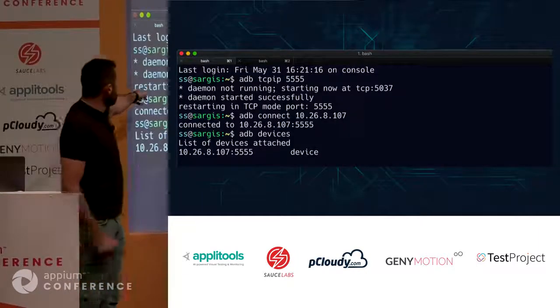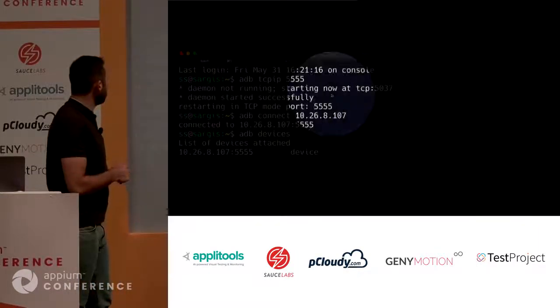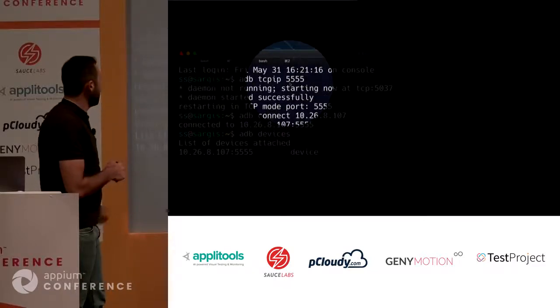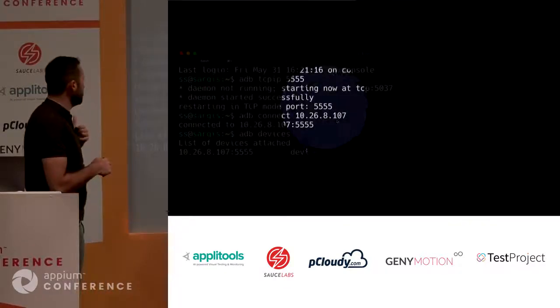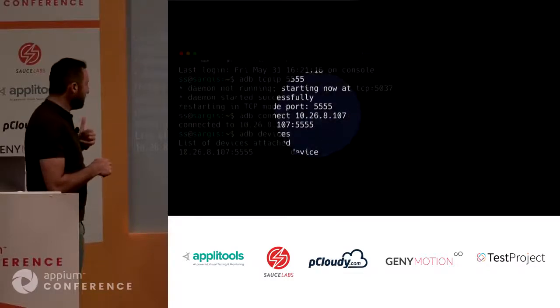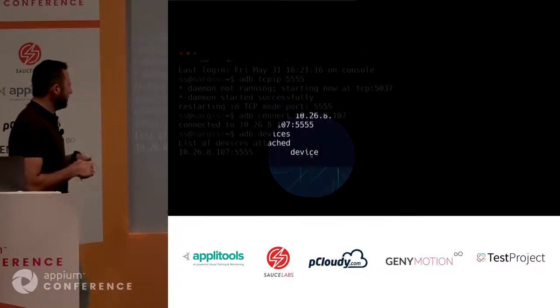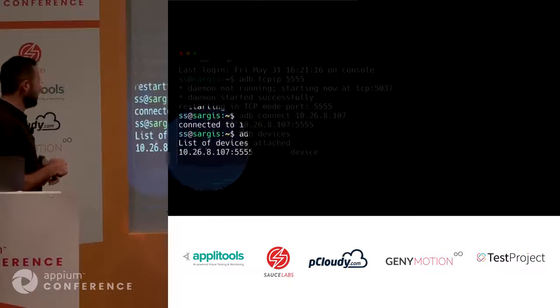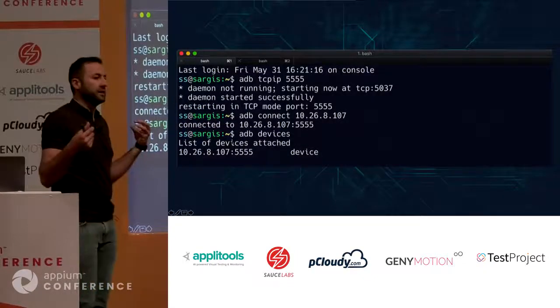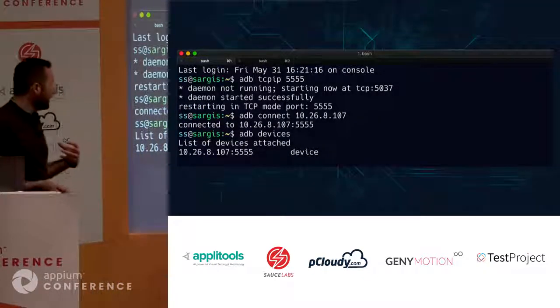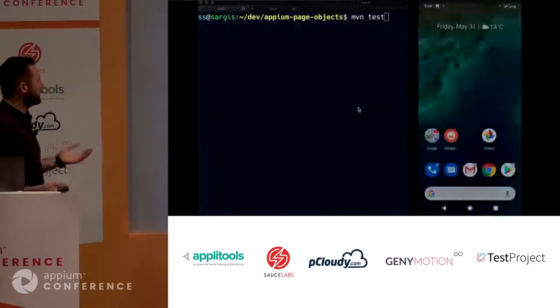You just do this adb tcpip, and then it will start successfully, and then connect to the IP. And then with adb devices, instead of the ID, you will see the device IP here. After that, you can run the tests the same way.